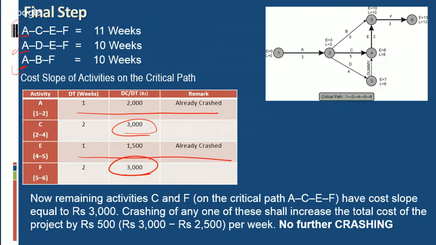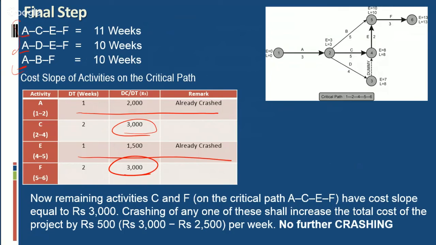If we go ahead and choose C or F, then to reduce an additional 1 week of activity, our cost will exceed the amount of penalty.